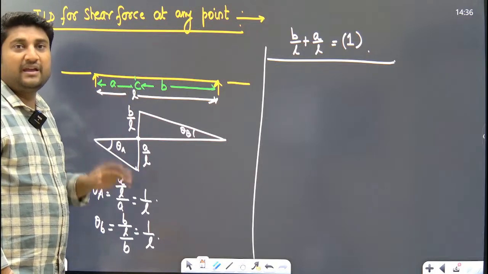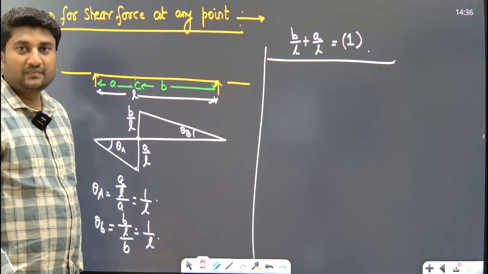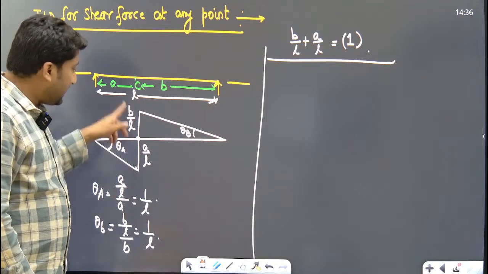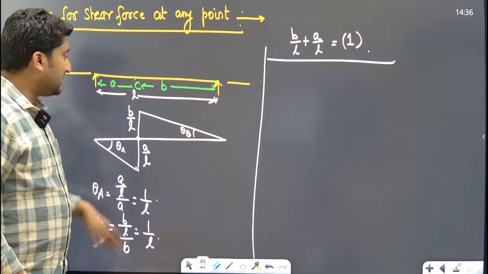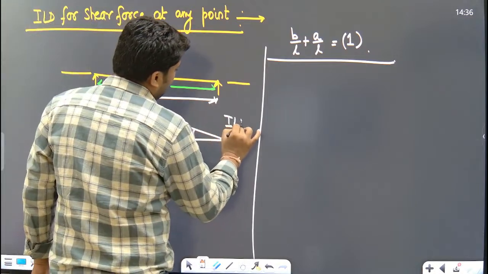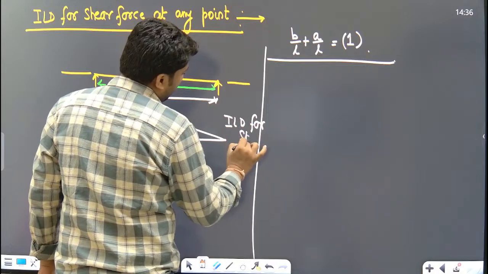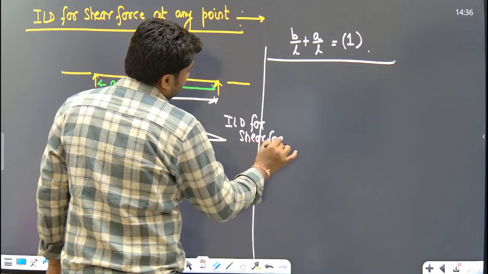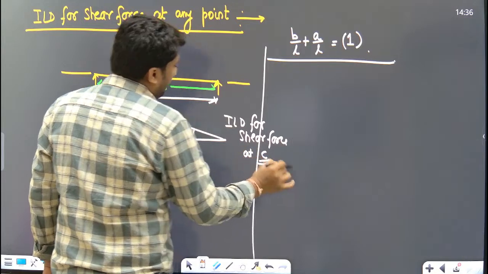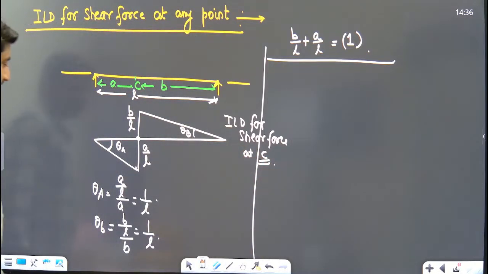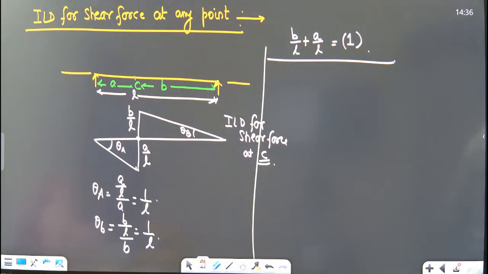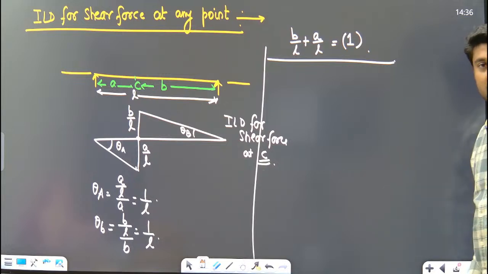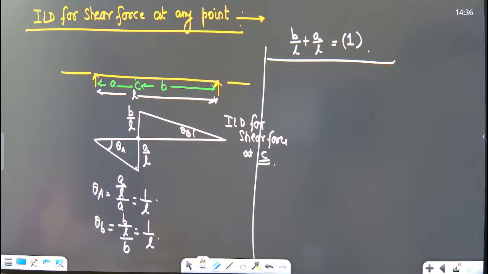This is A by L, total length L. So the total ordinate at this point will be equal to 1. This is the influence line diagram for shear force at C. Clear everyone? Yes or no?